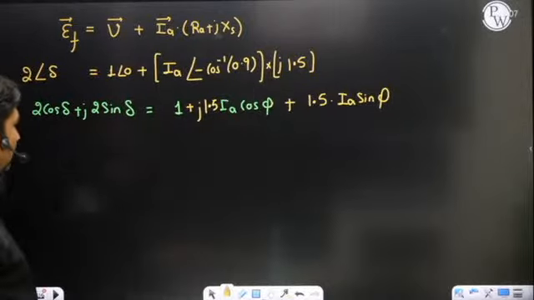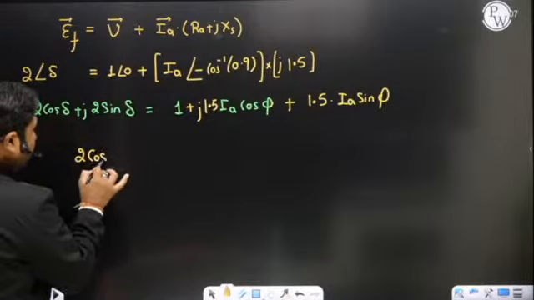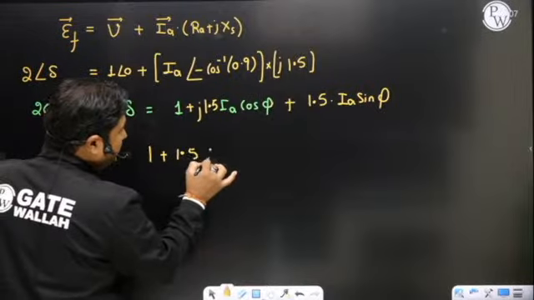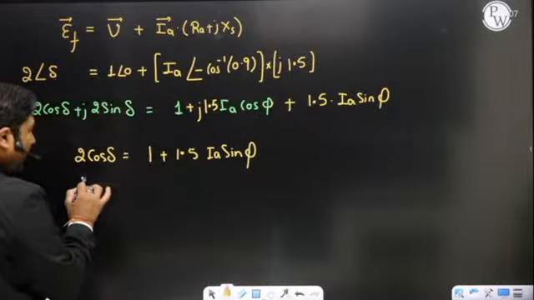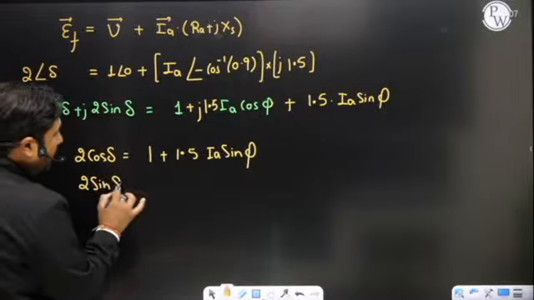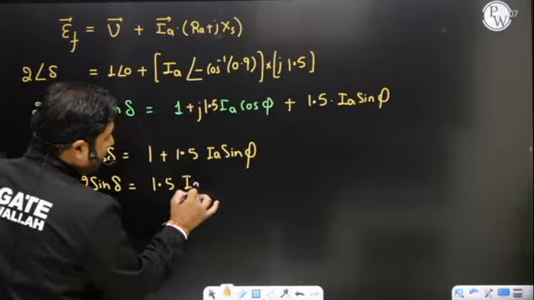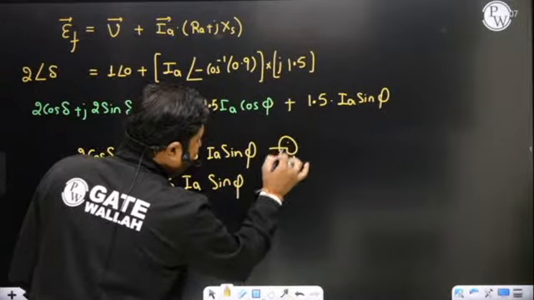The greatest advantage of a phasor equation is that the real parts of RHS and LHS are equal, and the imaginary parts of RHS and LHS are equal. This helps us make two different equations.